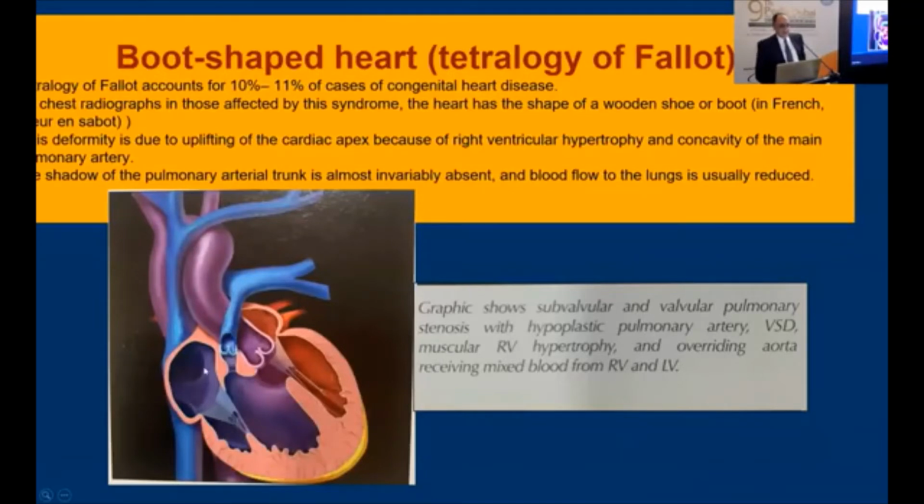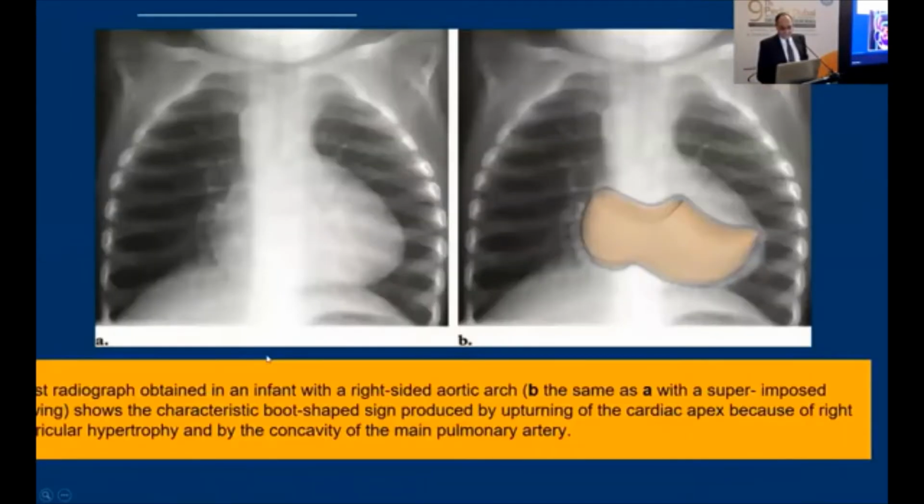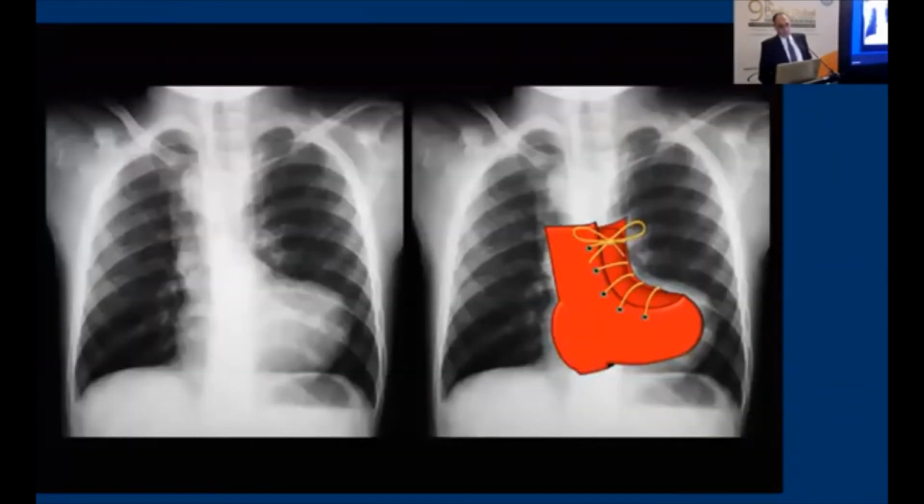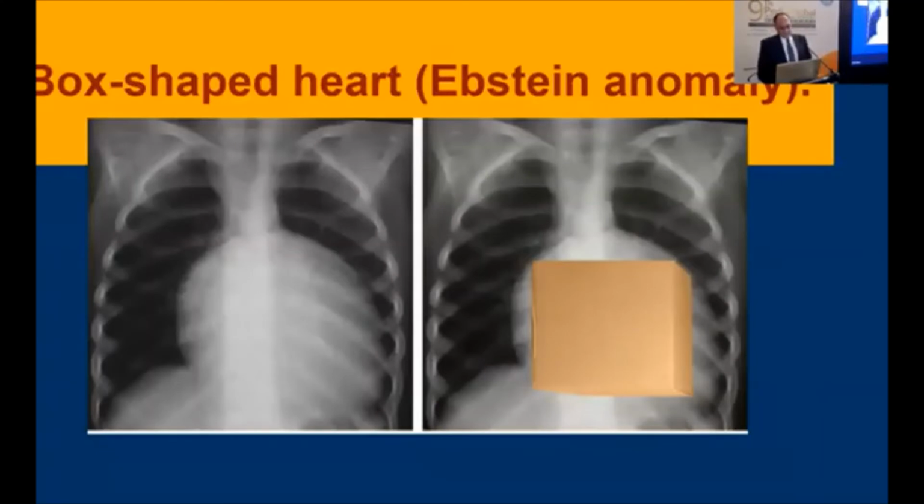And there are other anomalies also: stenosis of the pulmonary artery, overriding of the aorta, and the VSD defect. Another example: the grossly enlarged heart here is due to Ebstein anomaly, giving the box appearance of the heart.